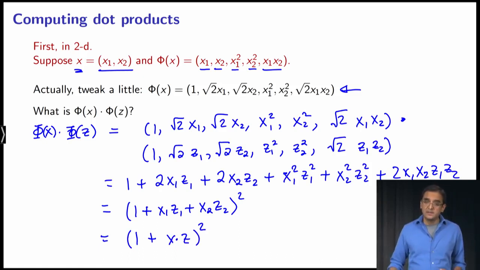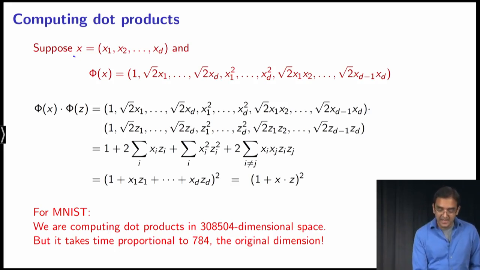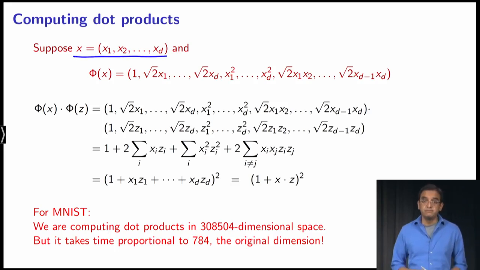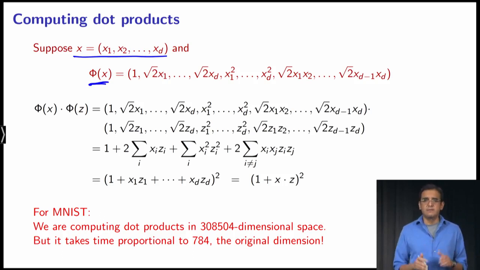So the dot product between the higher dimensional vectors is the dot product between the original low dimensional vectors plus 1, squared. Now exactly the same thing holds when the original vectors are d-dimensional. So we start with x that is d-dimensional. We look at the expanded representation, and again we tweak it a little bit. We add in a feature that's identically 1, and we put some square root 2's in there.